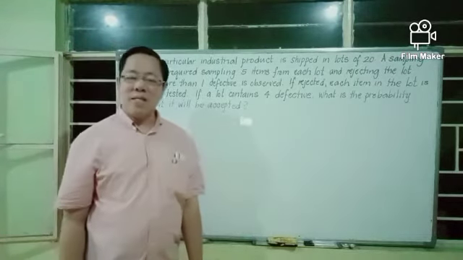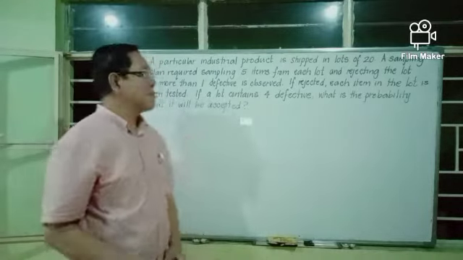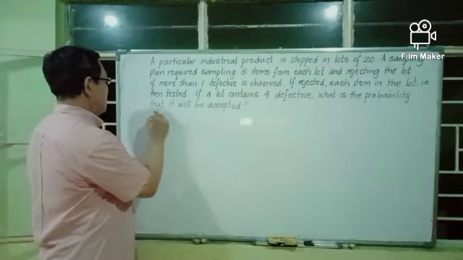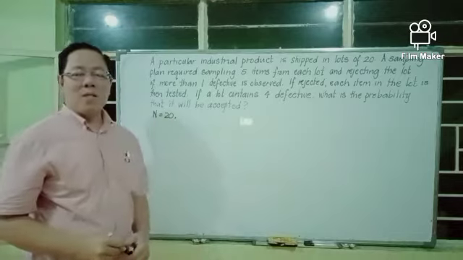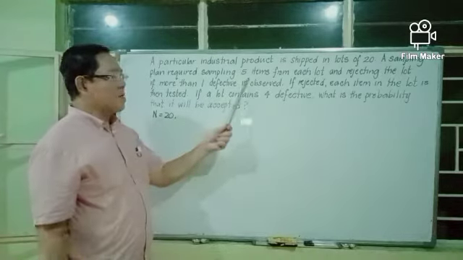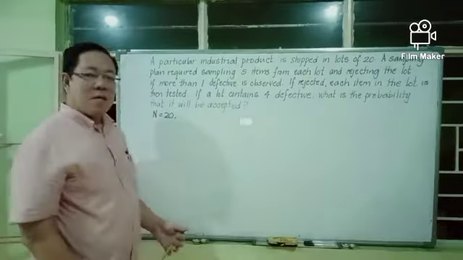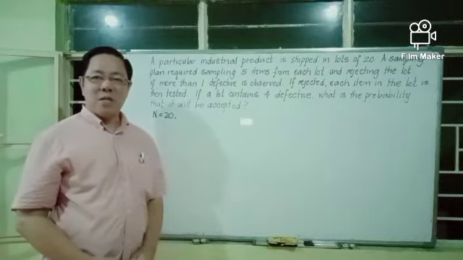In this example, our population size is 20. And among these 20, a sample of 5 items are selected because that is the sampling plan of the manufacturing company.